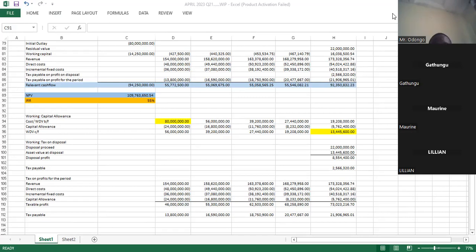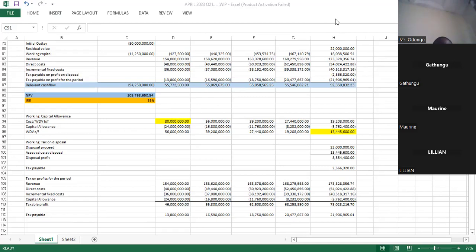If there is no question, then I want to give you a few minutes to work out in the same manner the last case, that's the pessimistic case. I'll give you around 10 minutes.